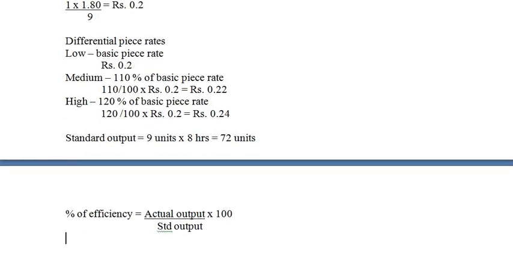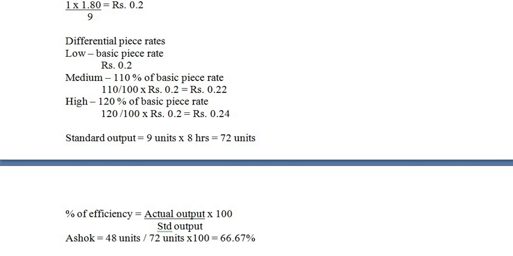Now again here there are 3 workers. Ashok, his production is 48 units divided by standard output we have calculated, that is 72 units, into 100. So his efficiency level is 66.67%.